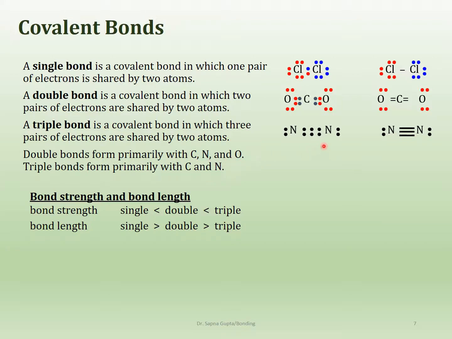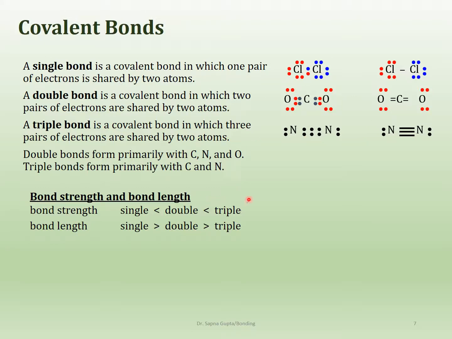To share that many electrons, you have to have that many electrons, and you also have to need that many electrons. So for example, chlorine has many electrons, but it does not need to share 7 electrons or 6 electrons. It needs to share only 1 electron. Nitrogen, carbon, and oxygen need to share a lot more electrons in order to become the stable octet.